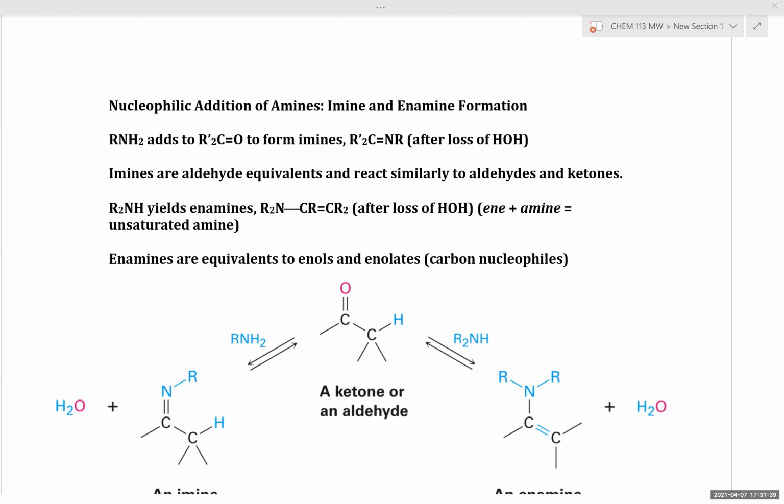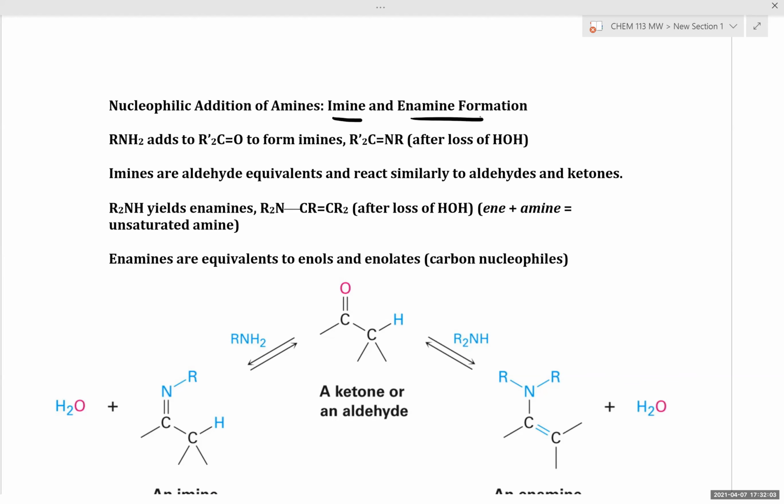We're now going to look at the nucleophilic addition of amines to carbonyls, and we'll talk about different cases of imine and enamine formation. Depending on the substitution of your amine, you get different carbonyl addition products.